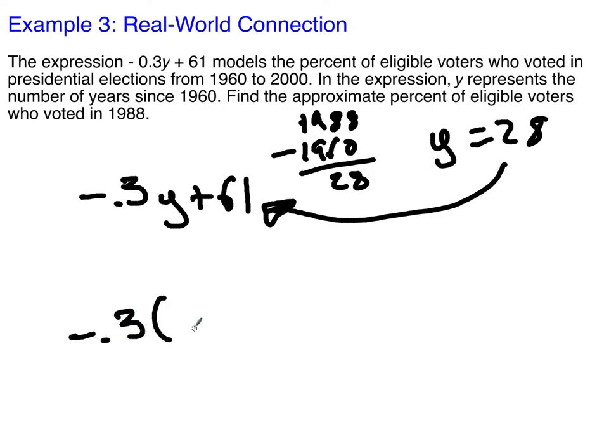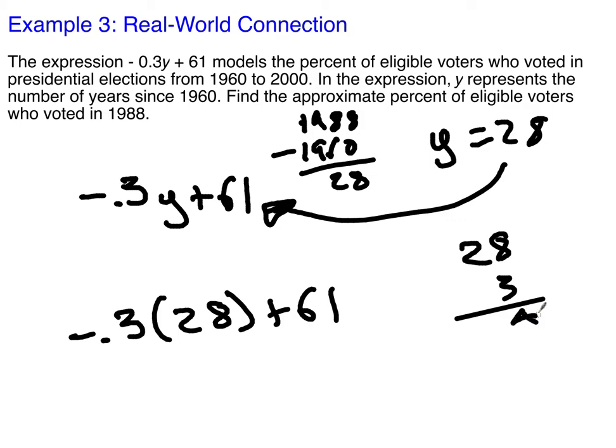So negative 0.3 times 28 plus 61. Well, 0.3 times 28, what does that equal to? Let's just go ahead and do 3 times 28. So 28 times 3 is going to give you 84. And then remember it was 0.3 times 28, and so there needs to be one number behind the decimal point, so it would be 8.4.